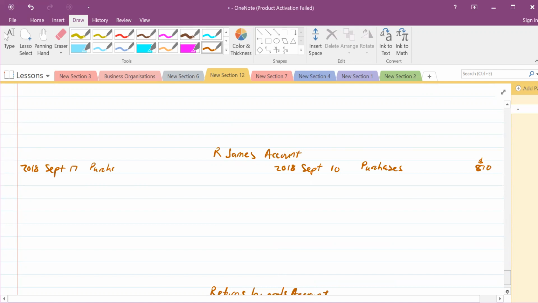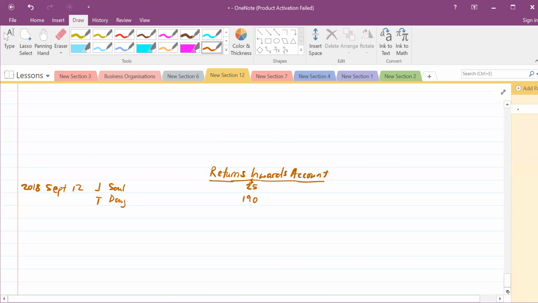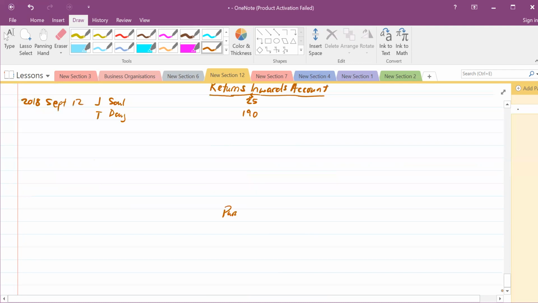Right. And then we need to remember to open the purchases returns account. So purchases returns account, or returns outwards account. And it is increasing, so it is credited. So 2018, September the 17th.